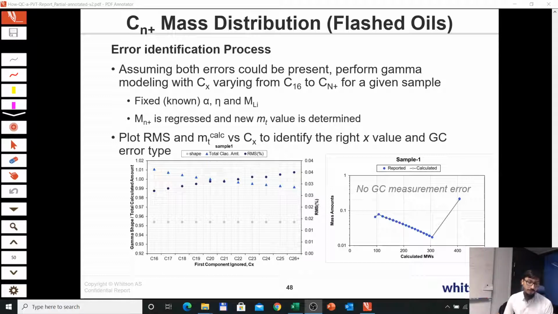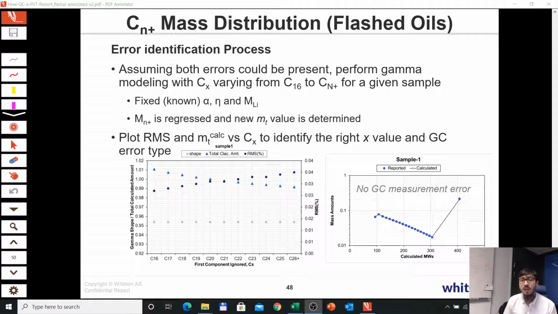Before we see what the Excel sheet looks like, what's important to understand is that when you get a flashed oil composition from the lab data, there are two aspects to QCing the composition.